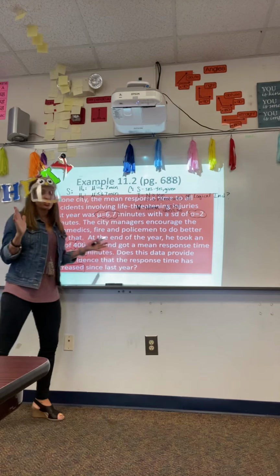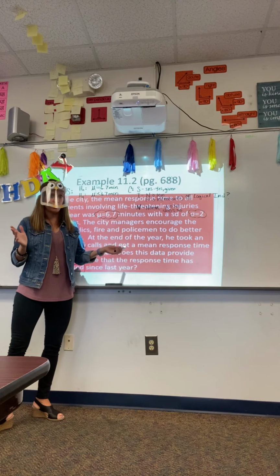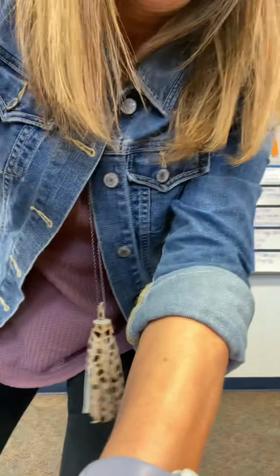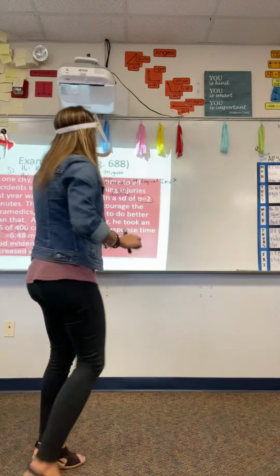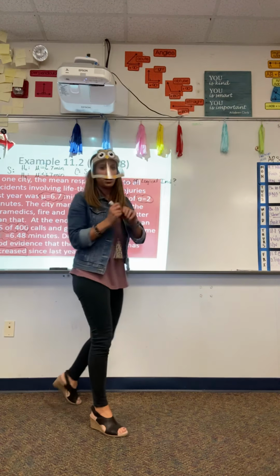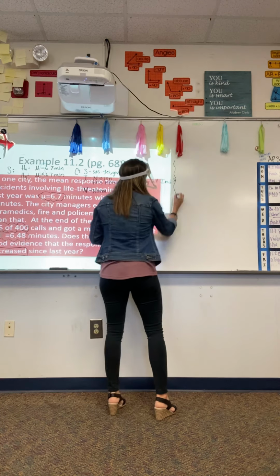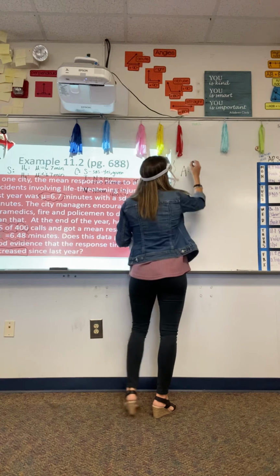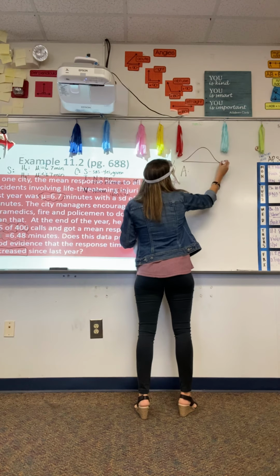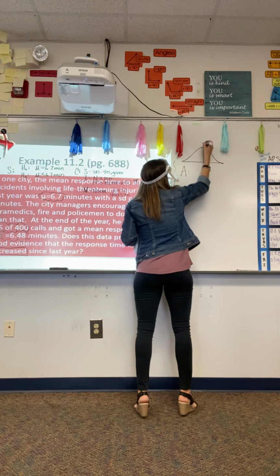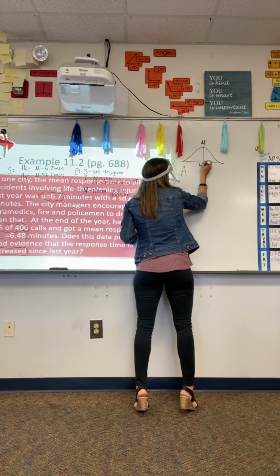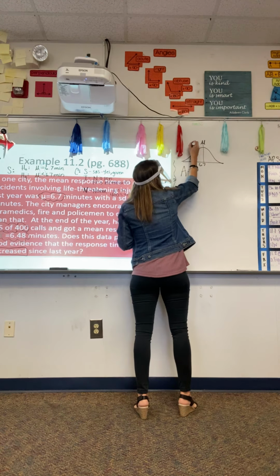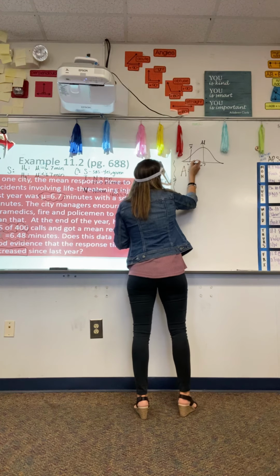All right, so all that should seem just about like we're used to. Now what we're going to do is arithmetic and decision. I love drawing a picture when it comes to arithmetic. Here is our mu, and our mu is 6.7. I know this is a less than problem. My x bar is at 6.48.